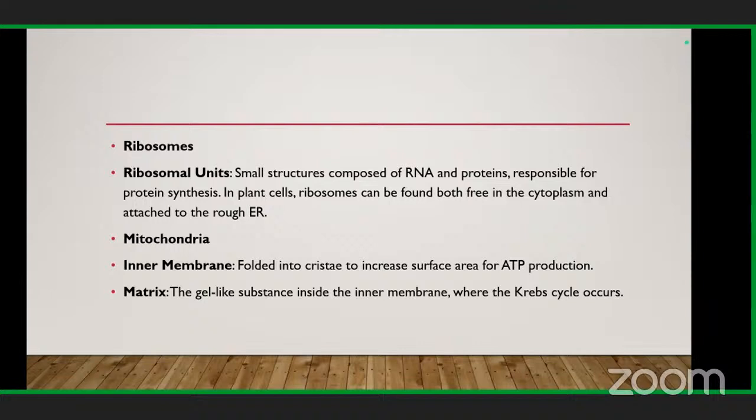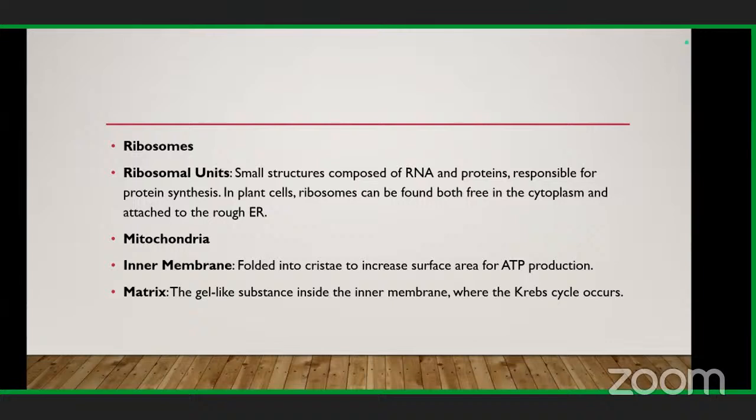So, what is known as the energy currency of the cell? The answer is ATP, because it stores and transfers energy necessary for various cellular functions. This is ATP, and it is found in the mitochondria.